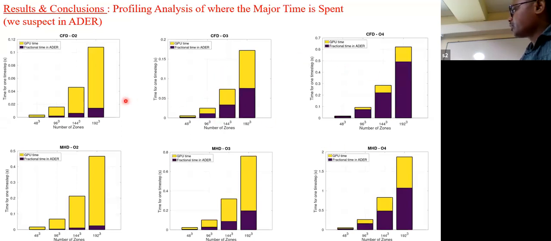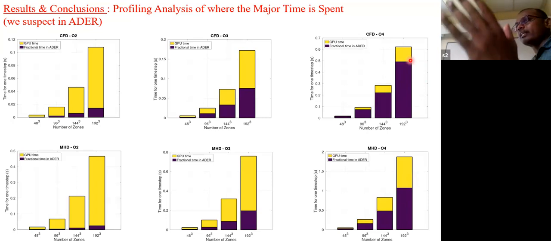We can see that the computation time taken by the Aider scheme has risen to a much larger extent. As we know, the GPU can do any amount of computation more efficiently than a CPU, but what it cannot do efficiently, because of its limited cache memory, is handle larger matrix sizes.